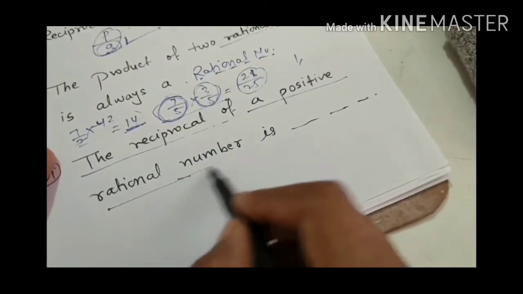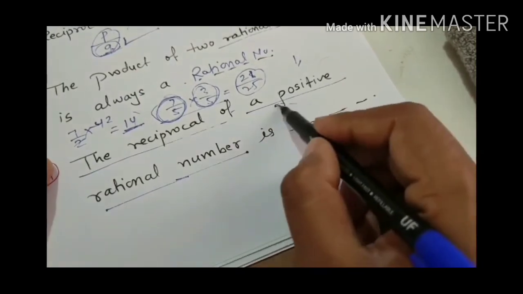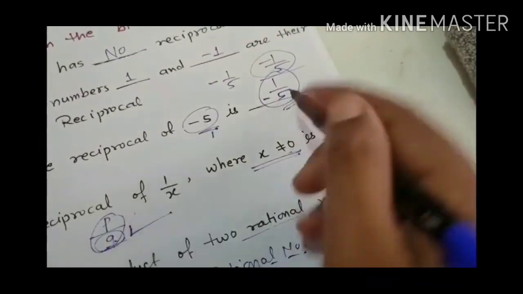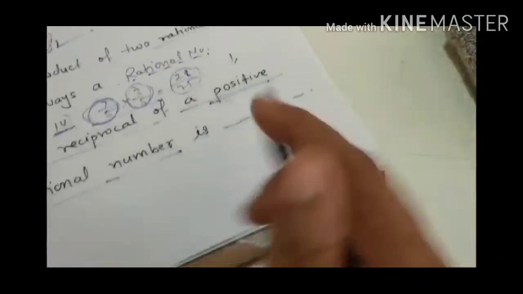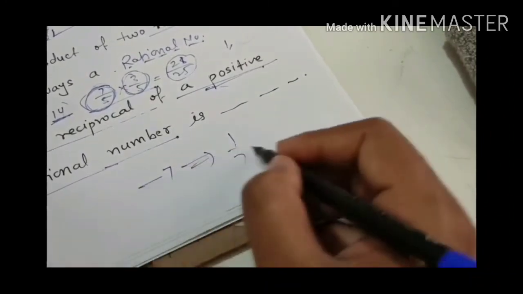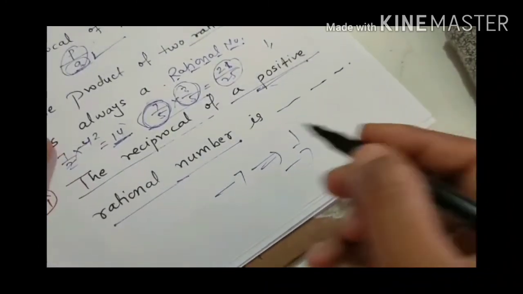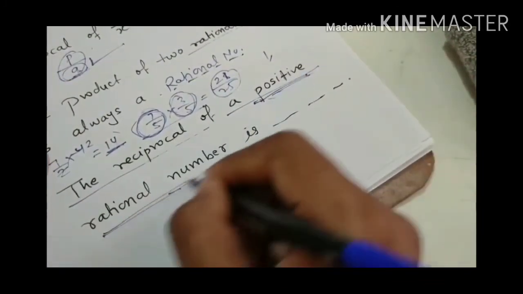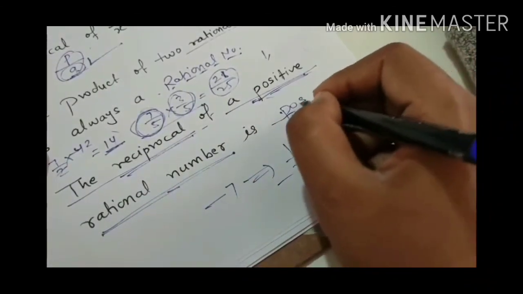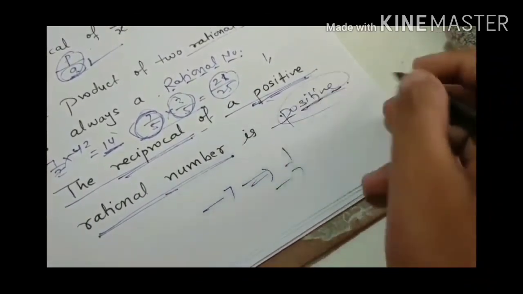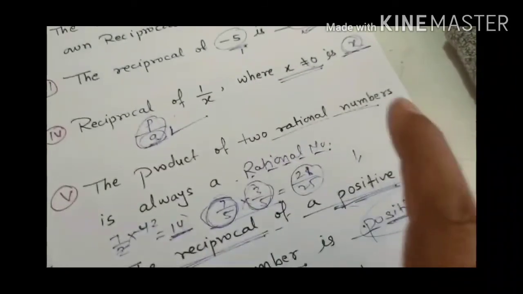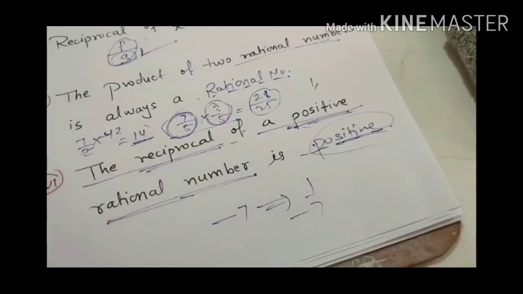Now the reciprocal of a positive rational number is positive. The reciprocal of positive 7 is 1 by 7, that's done. If it is negative we have to use the same sign. If the number is positive, the reciprocal will be the same, positive. If it is a negative number then it will be negative.